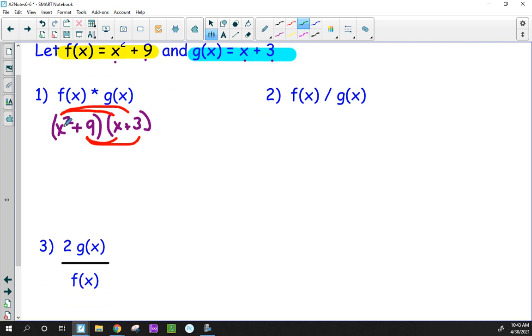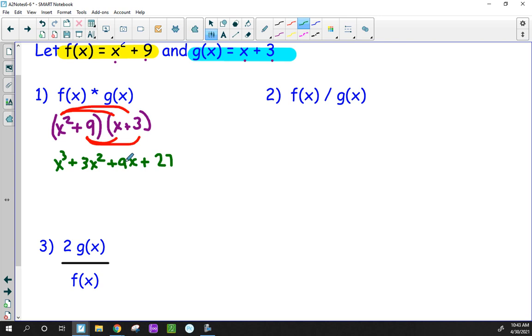So we'll finish this up. First would be x squared times x. That would be x to the 3rd. Outside would be x squared times 3, 3x squared. Inside would be 9 times x. And last would be positive 9 times positive 3.